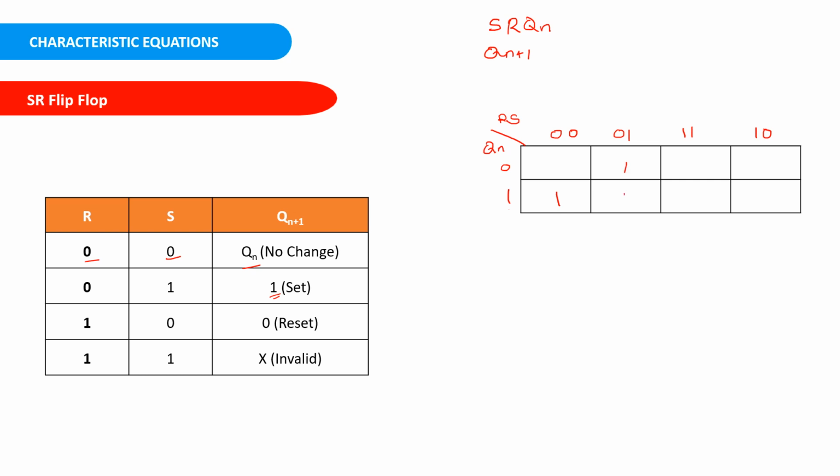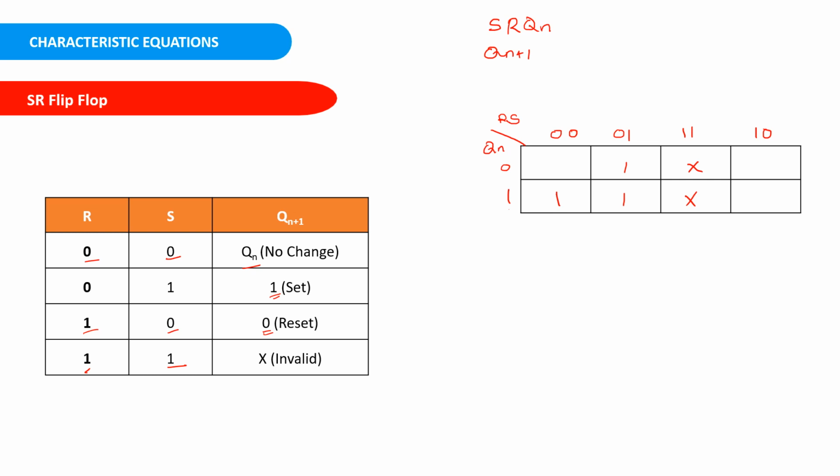Now when 1 0 occurs, irrespective of the previous state, the output will be 0. When 1 1 occurs, this is an invalid state, so you can mark it as X.